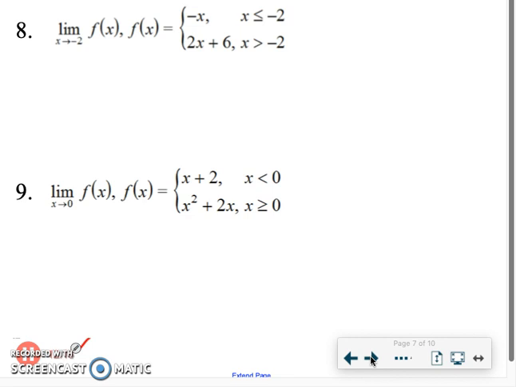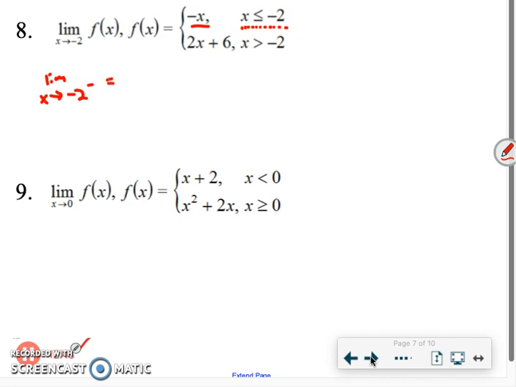We also know that if x is greater than -2, we're going to use the bottom function. So what we actually are going to do here is, honestly, we're just not going to overthink this. What we need to do is find the limit as x approaches -2, but as I'm approaching it from the negative side, that means that I'm going to be using this piece here.